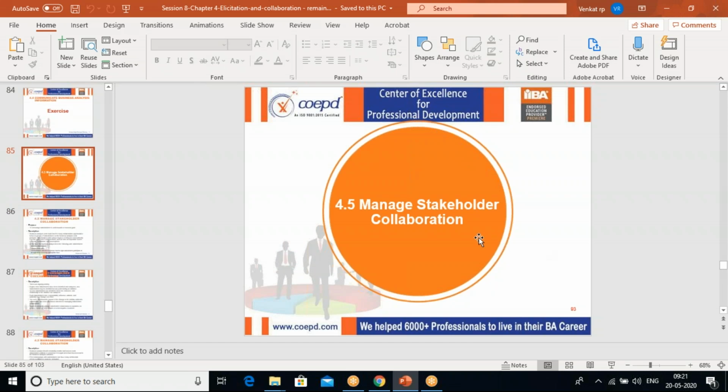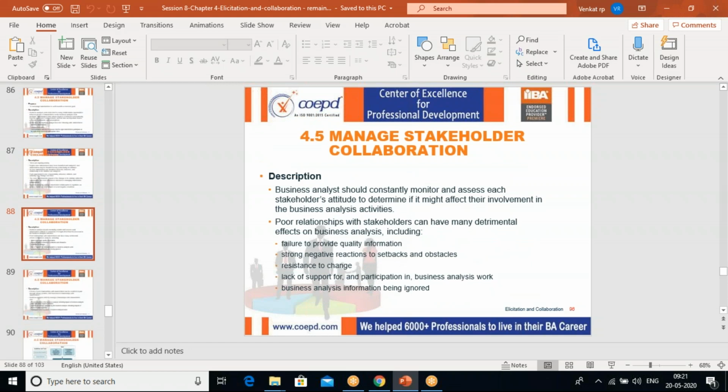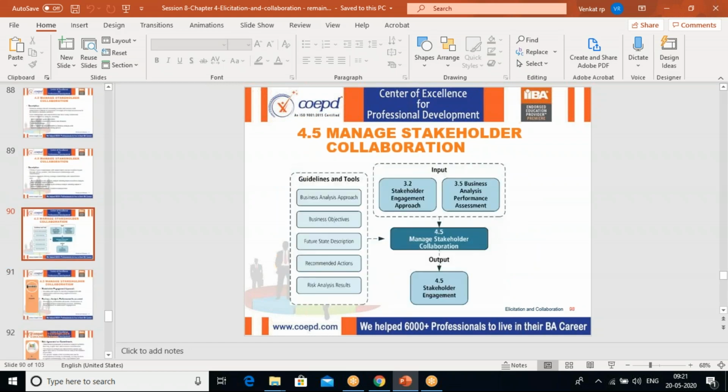Now, manage stakeholder collaboration means first you have to understand this task. Here we are going to take the stakeholder engagement approach as input, and a business analysis performance assessment, that is key performance indicators.